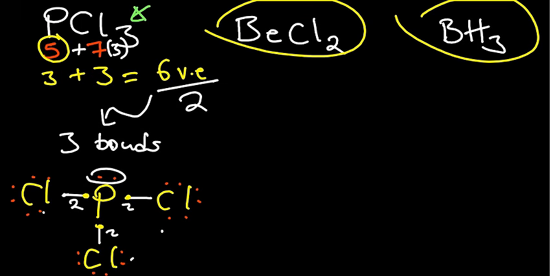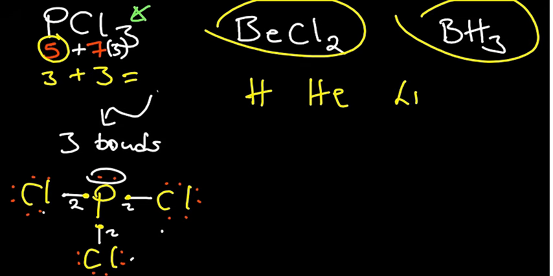We are now on the ones with exceptions, the ones that don't reach octet. Beryllium chloride is the first one. So this is a unique part. I did mention the first 4, yeah, it should be the first 5. So hydrogen, helium, lithium, beryllium, boron do not attain octet.